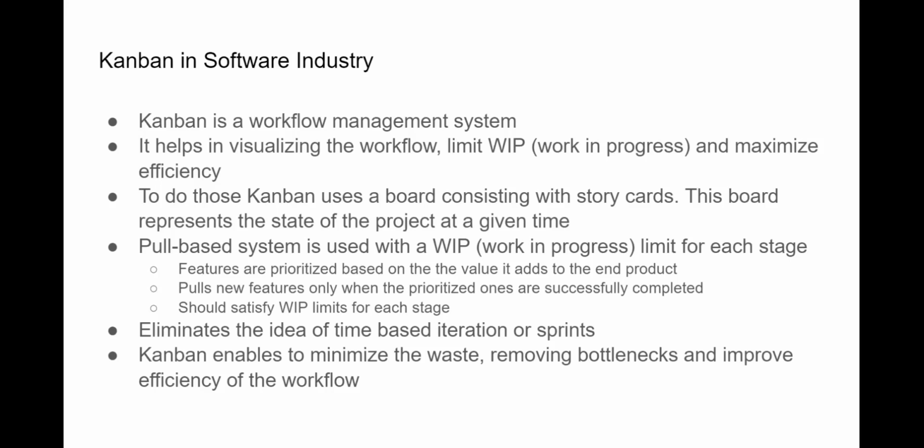And these features are prioritized according to the value they add to the end product, and not every feature is pulled into the system unless it is necessary. So with all those things, Kanban enables minimizing waste in the software development cycle while removing bottlenecks and improving the efficiency of the workflow.